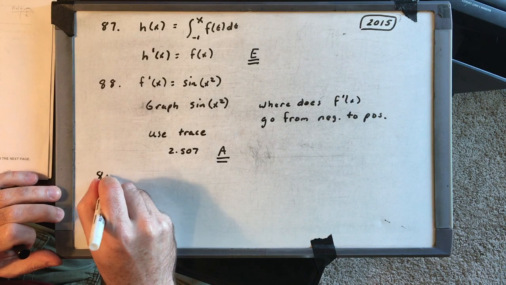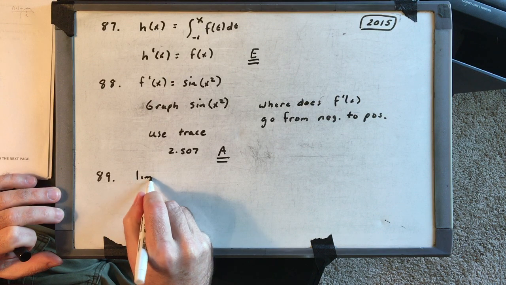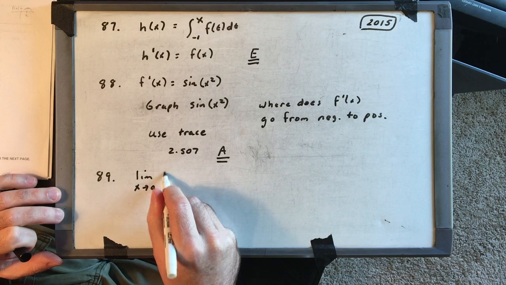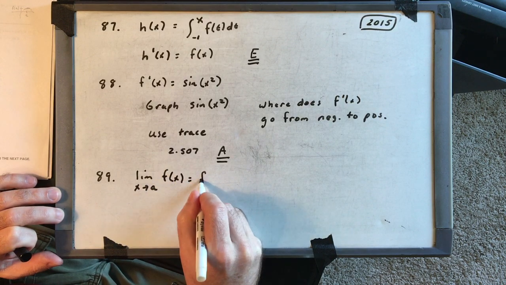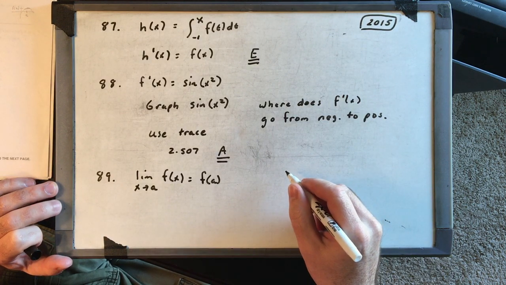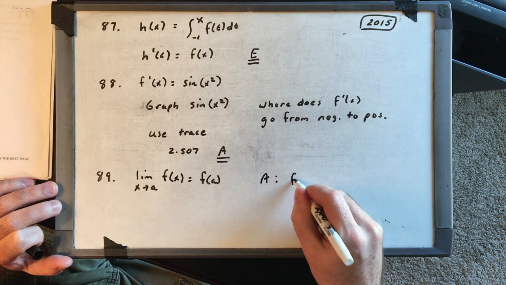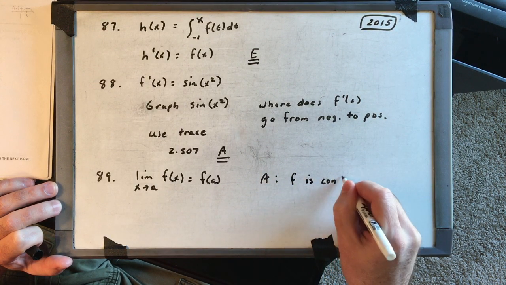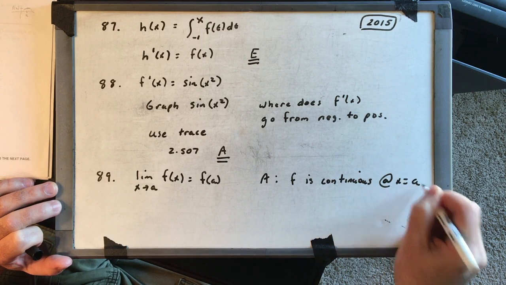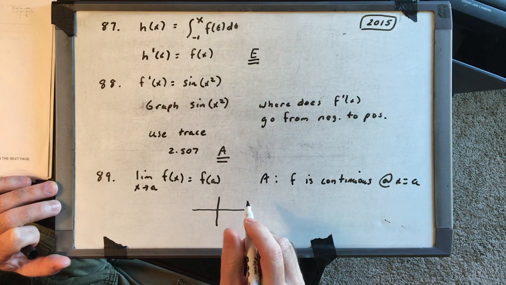Okay, let's see if I can fit 89 in here. It says if the limit as x approaches A of f of x equals f of A, which of the following must be true? The first one, part A, says that f is continuous at x equals A. Let's draw this out, just making something up.